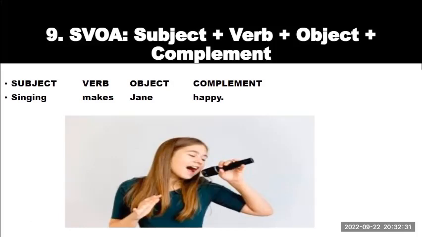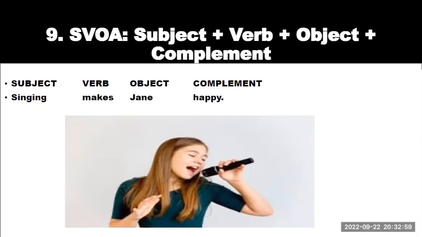Generally it is seen as a present participle, but when we use the present participle as a noun or as a subject, we call it a gerund. So that is what singing is doing here in this sentence.